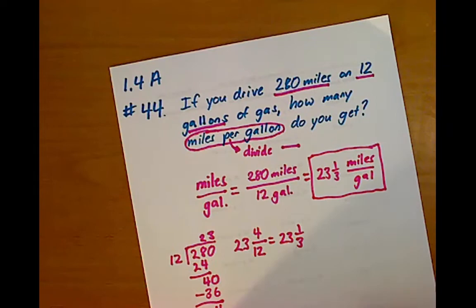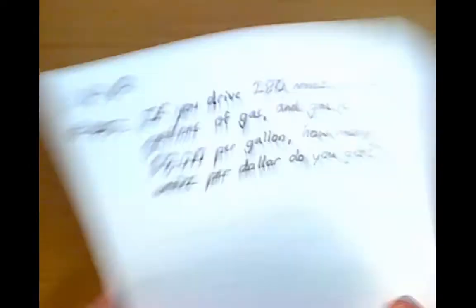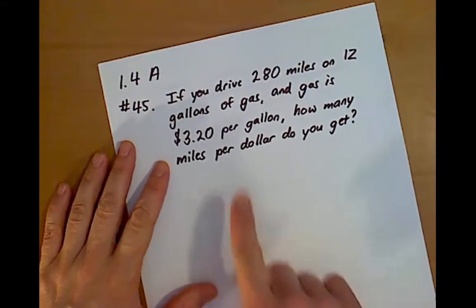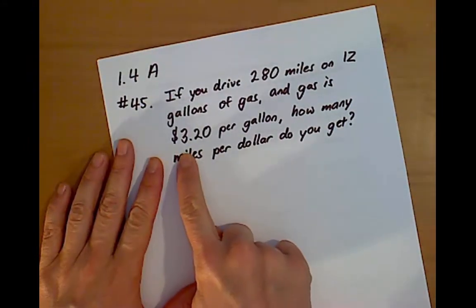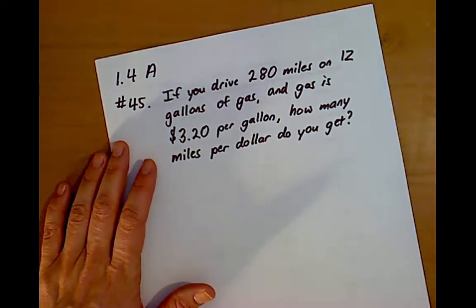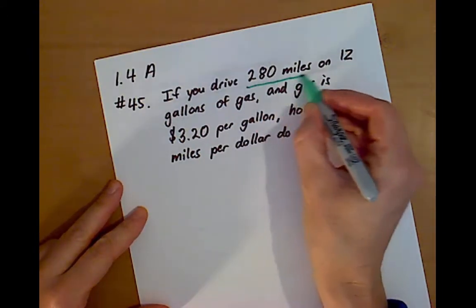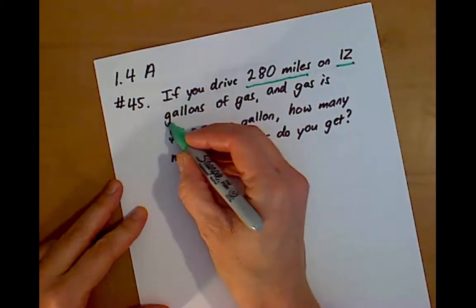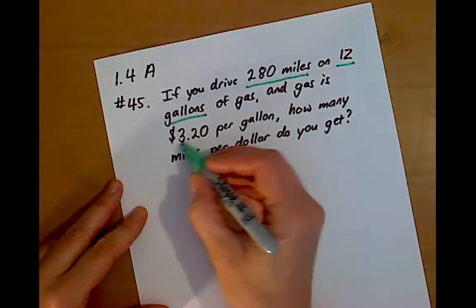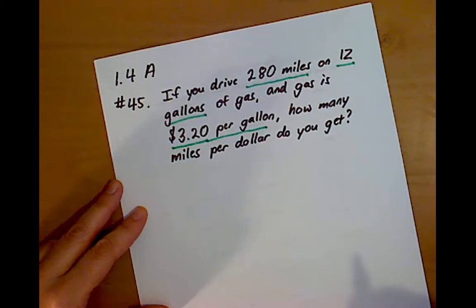All right, now our next problem continues on with this question. So if you drive 280 miles on 12 gallons of gas, and gas is $3.20 per gallon, how many miles per dollar do you get? So we know that it's 280 miles, we know it's 12 gallons of gas, and we know it's $3.20 per gallon, right?